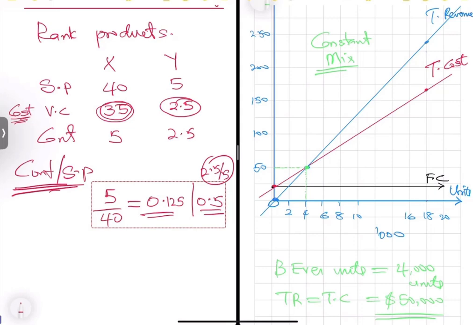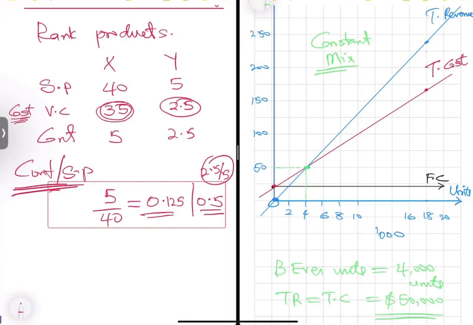And why is that ratio quite important? Because that ratio is telling you something very critical. It's telling you how much you have left after you have deducted your variable costs, which means how much you have left to absorb your fixed cost.